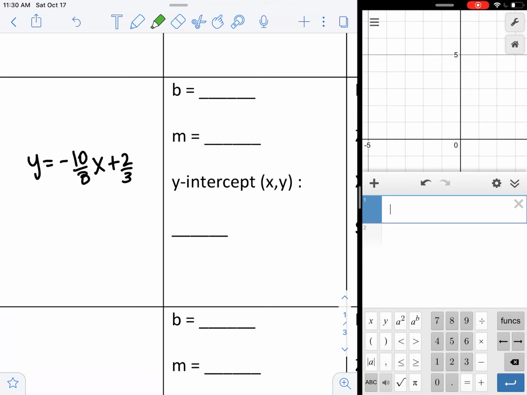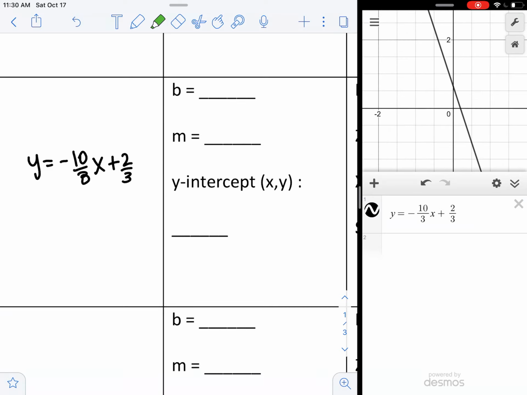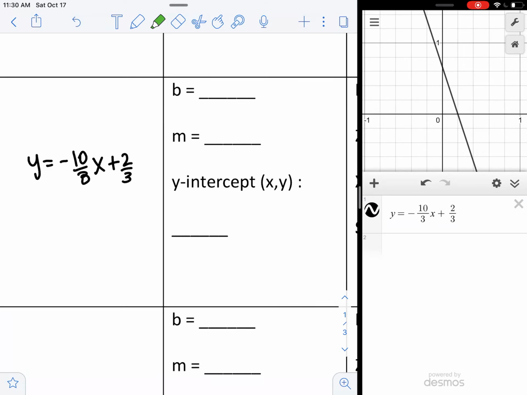Let's go ahead and graph this. So we have our y equals -10 divided by 3 x plus 2 divided by 3. Someone's going to probably have some decimals in here. All right, so we're coming over here.